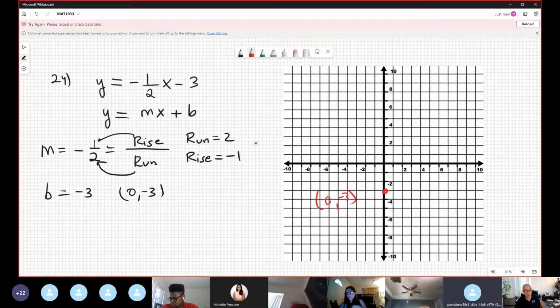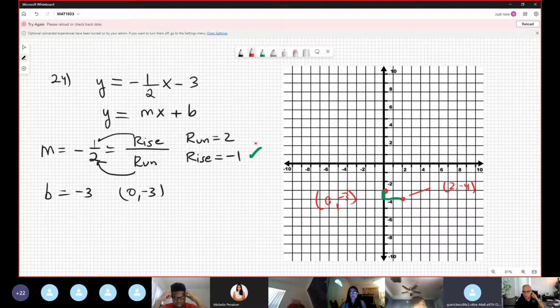And from this point, I'm moving 2 over, 1 down, because it's negative. This is rise down because it's negative, and 2 to the right. 1, 2, and you obtain the second point, (2, -4).